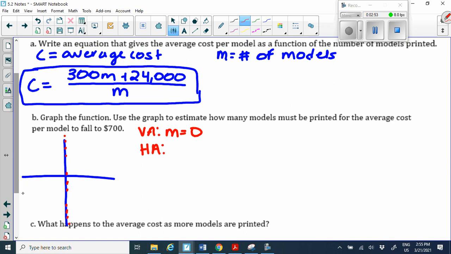Now we do the horizontal. Notice what form this is in. This is actually in our AX plus B over CX plus D form. So to find that horizontal asymptote, we take our A value, which is 300, and divide it by our C value, which is 1. So really, our horizontal asymptote is 300.